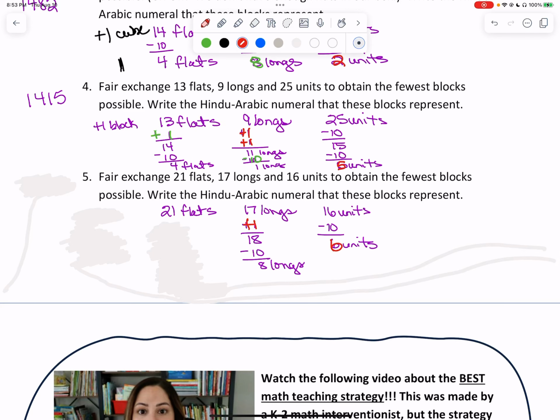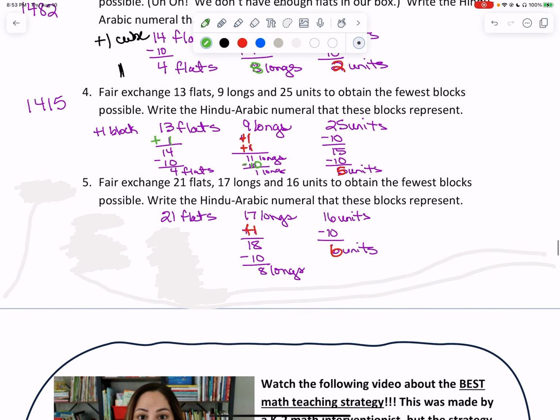Now we got 18. Well, that's more than 10. So I'm going to subtract that 10. Okay? And when I do that, I've got to add it over here, right? So I added 1 flat. And by adding, I really just traded. I traded those 10 longs for 1 flat.